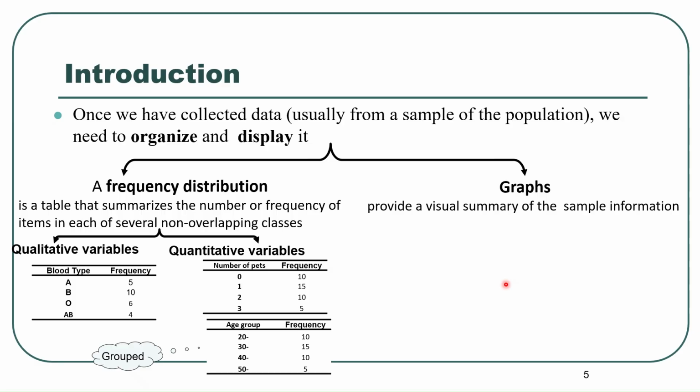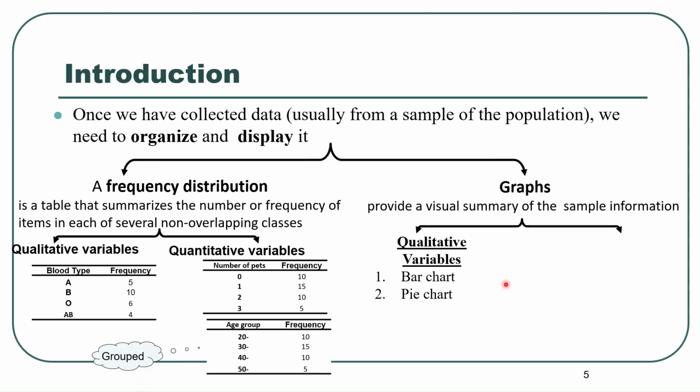Again, these graphs depend on the type of your variable. For a qualitative variable, we have two types that are mainly used: bar chart and pie chart. There are some others, but we're going to focus on those only.